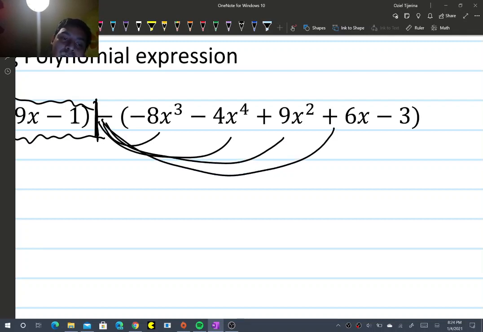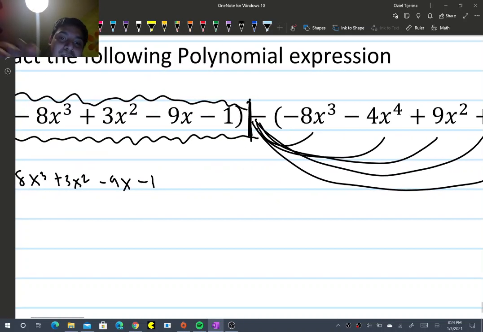And we have a lot of terms, so you have to be careful. So we have minus negative 8x cubed, that's going to be a plus 8x cubed, and then minus negative 4x to the fourth, that's plus 4x to the fourth, and this is a 3 right here.